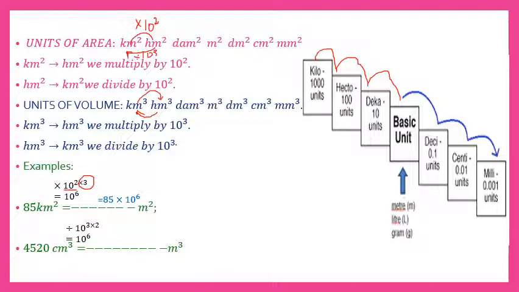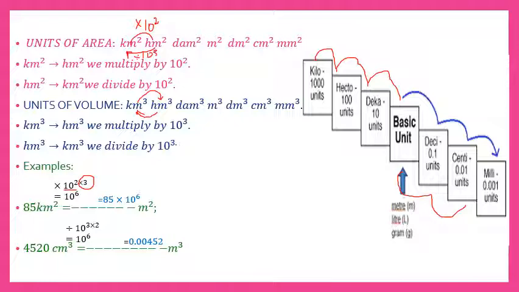The second example is I'm going to move from cubic centimeters to cubic meters. So I have to move 1, 2, but backwards this time. So I have to divide by 10 to the power 3, and since I have 2 jumps backward, I multiply the power by 2. So it is a power of a power. Now 3 times 2 is 10 to the power 6, and the answer will be 0.00452.